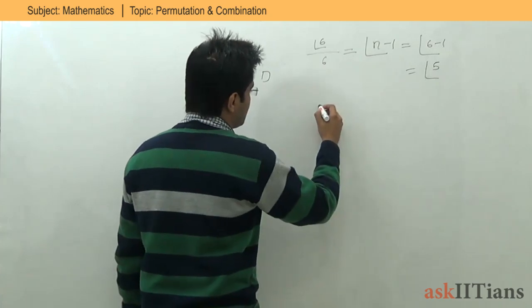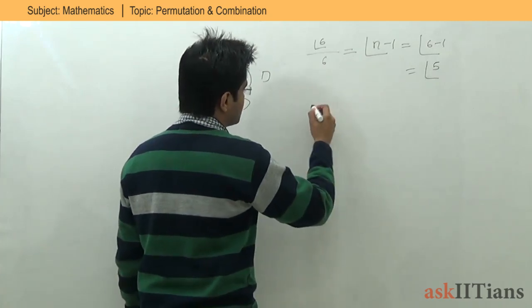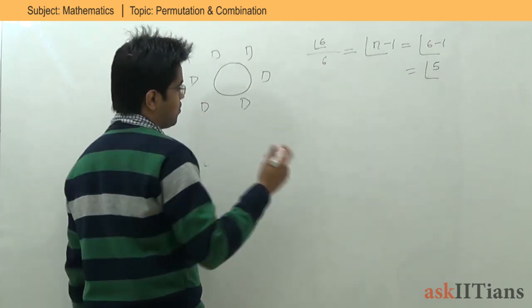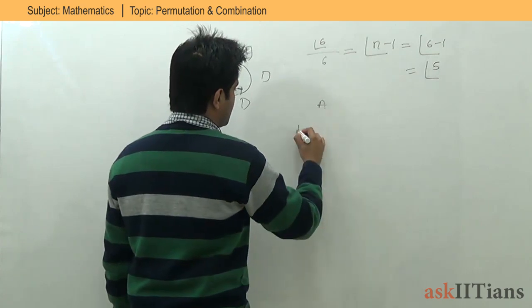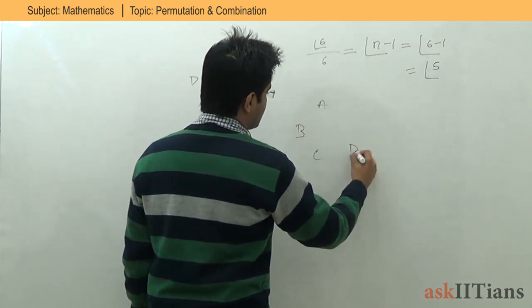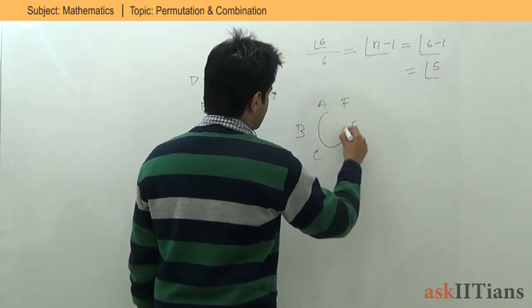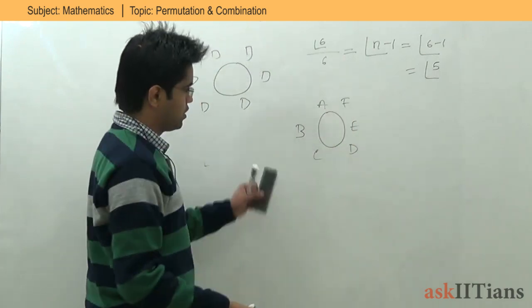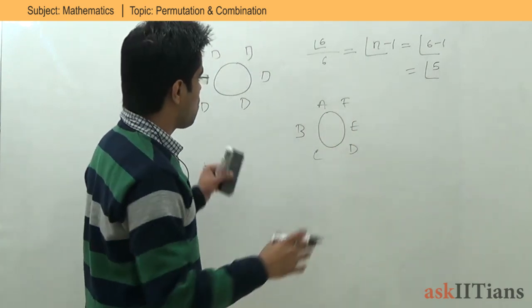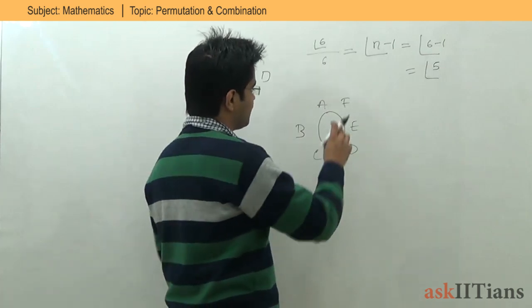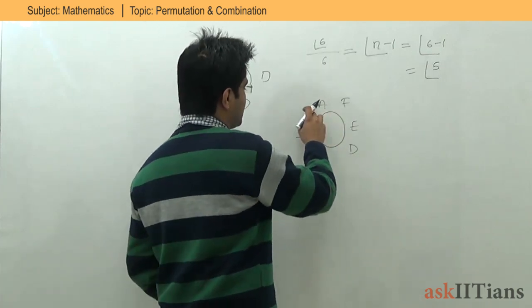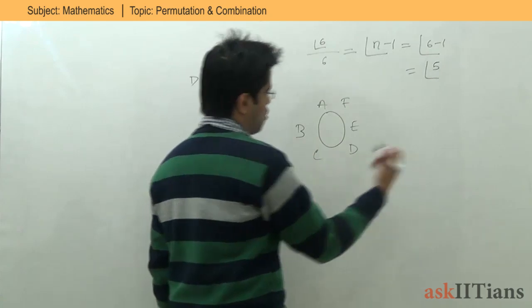Suppose we have 6 persons named A, B, C, D, E, F. Now these people are sitting on a round table, and what we'll do is start shifting each and every person in an anti-clockwise manner.